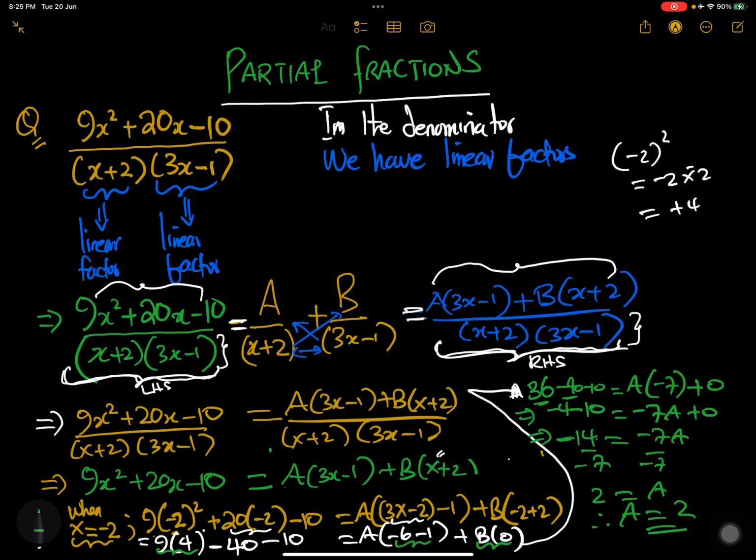Once we have a to be 2, we are going to plug that in with the other variable. So we're going to take the numerator again. I'm looking for a sheet where we can continue.